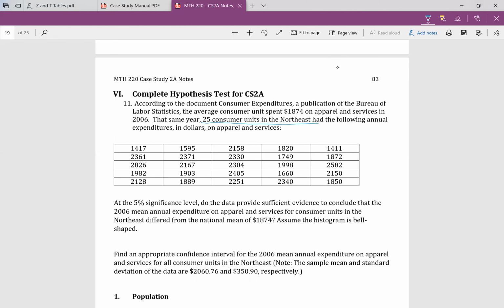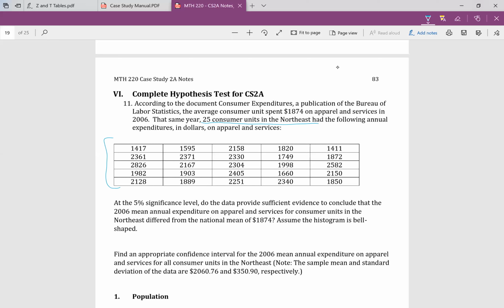And here it gives us a list of data. At the 5% significance level, do the data provide sufficient evidence to conclude that the 2006 mean annual expenditure on apparel and services for consumer units in the Northeast differed from the national mean of 1874? Assume the histogram is bell-shaped.